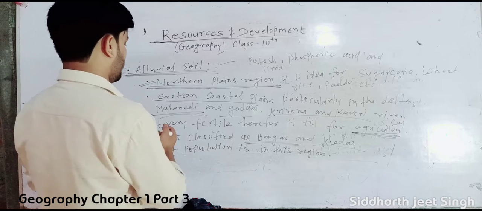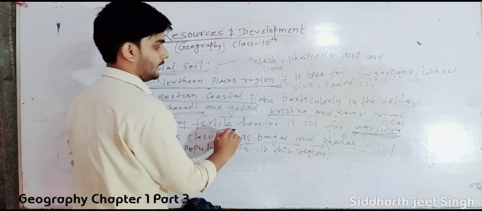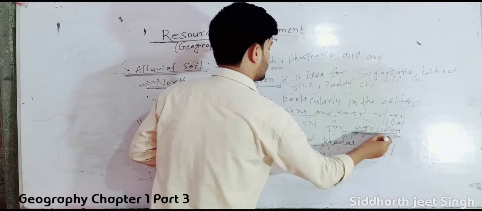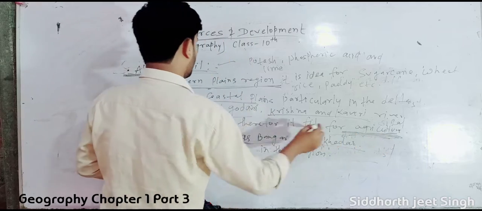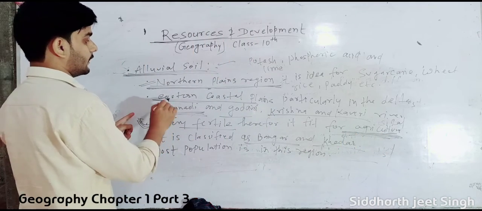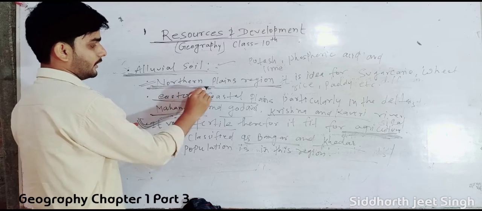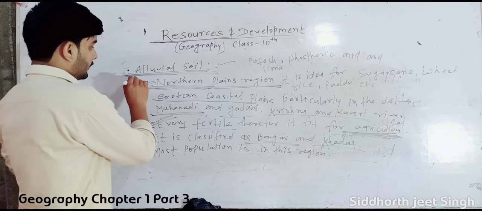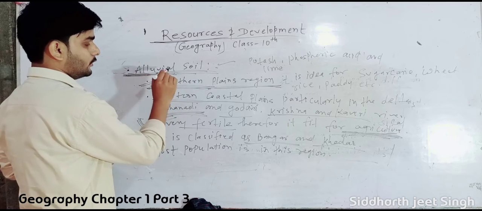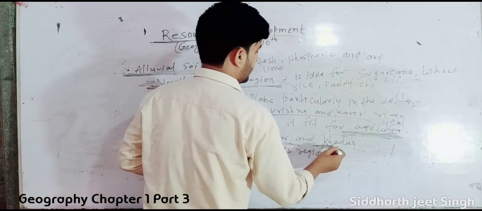It is very fertile, so agricultural activities are done here, and this region is very populated, like Bihar and UP. Alluvial soil is classified into two on the basis of age, Bangar and Khadar.